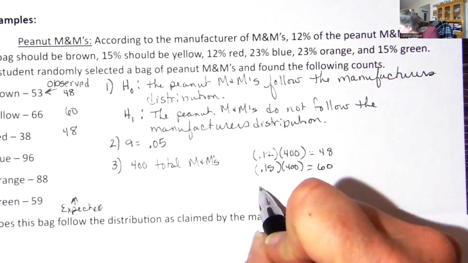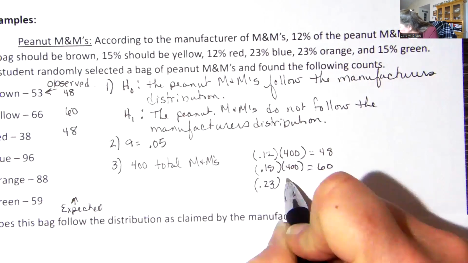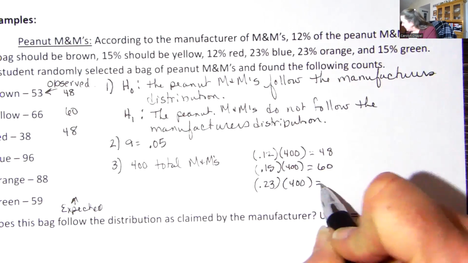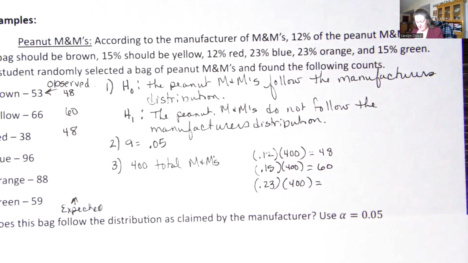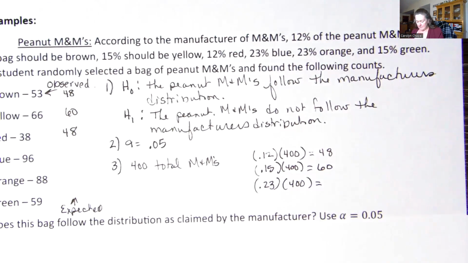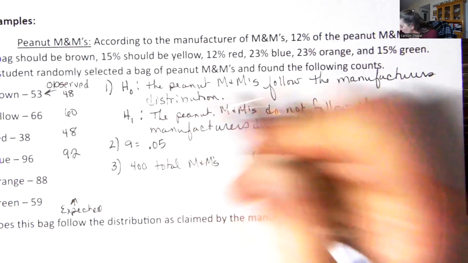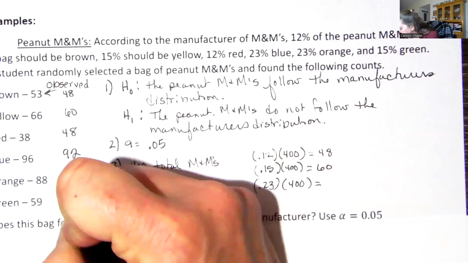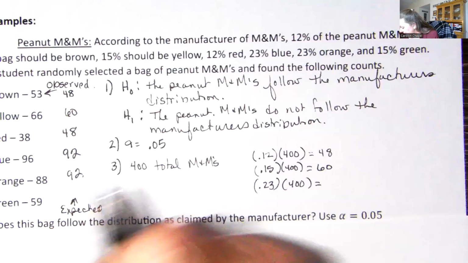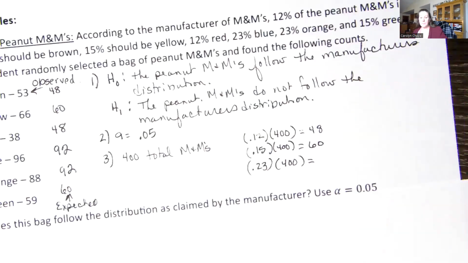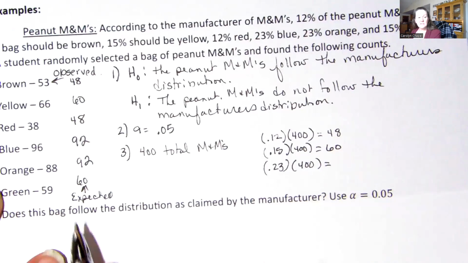Blue is 23%, which is 92. Orange is the same, and green is at 60 again. Okay, so those are all my expected.